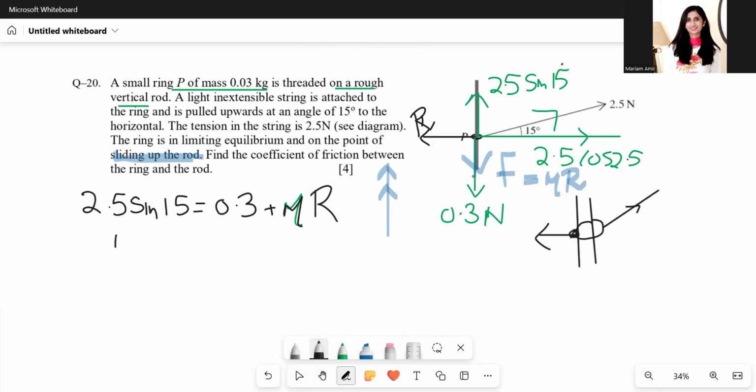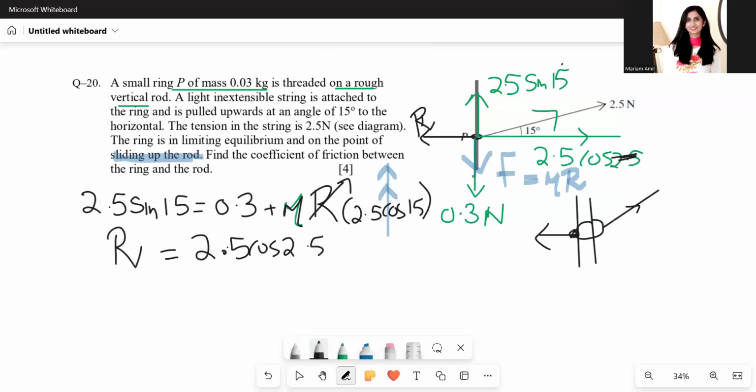So now we're going to equate the left forces, which is just R, is equal to the right forces, which is 2.5 cos 50. Okay, now I'm going to replace this R with the value 2.5 cos 50.